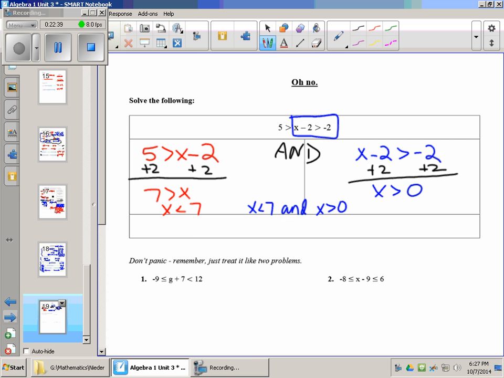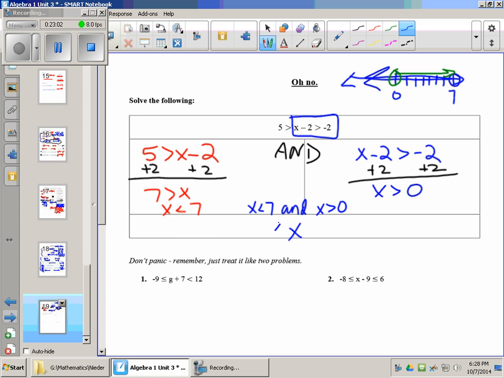Okay, so let's think about how that looks on the graph. Just think visually here. If this is 0, 1, 2, 3, 4, 5, 6, 7, x is less than 7, so that's all the numbers from here on down. And then if x is greater than 0, that's the numbers from here on up. So that's an overlap. So we can write that as a compound inequality, right?